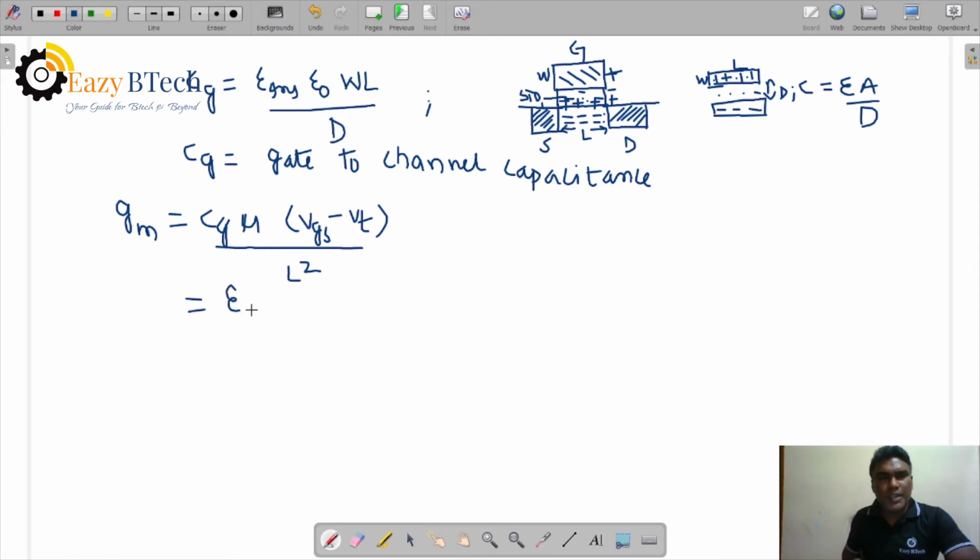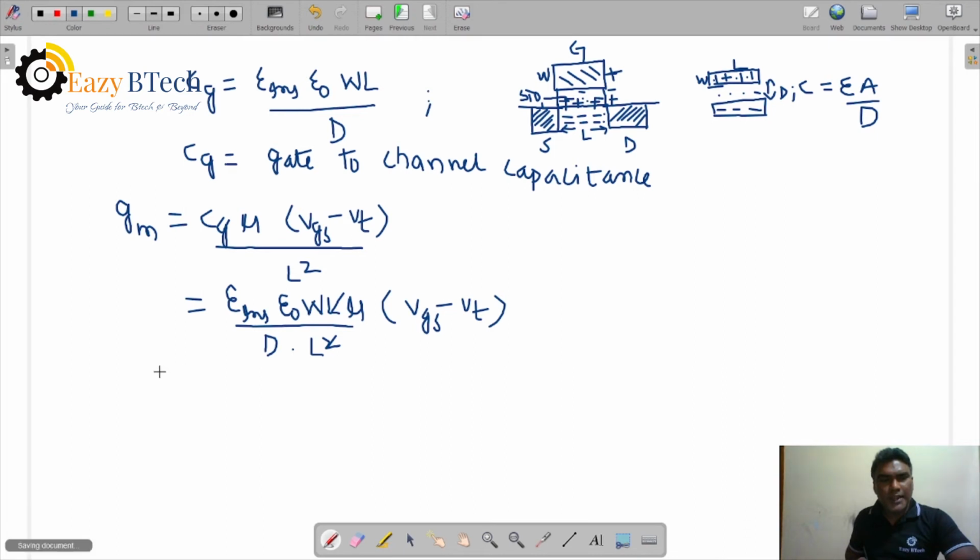So what is the Cg? Epsilon insulation, epsilon naught W into L mu by D into this L square is there, into this VGS minus VT. Now L and square will be cancelled out.